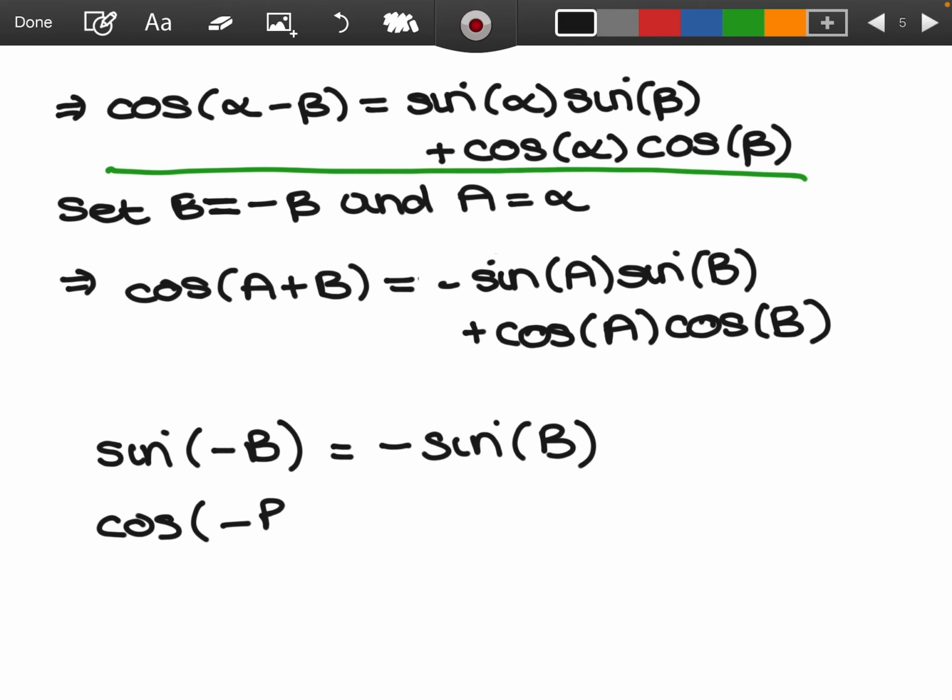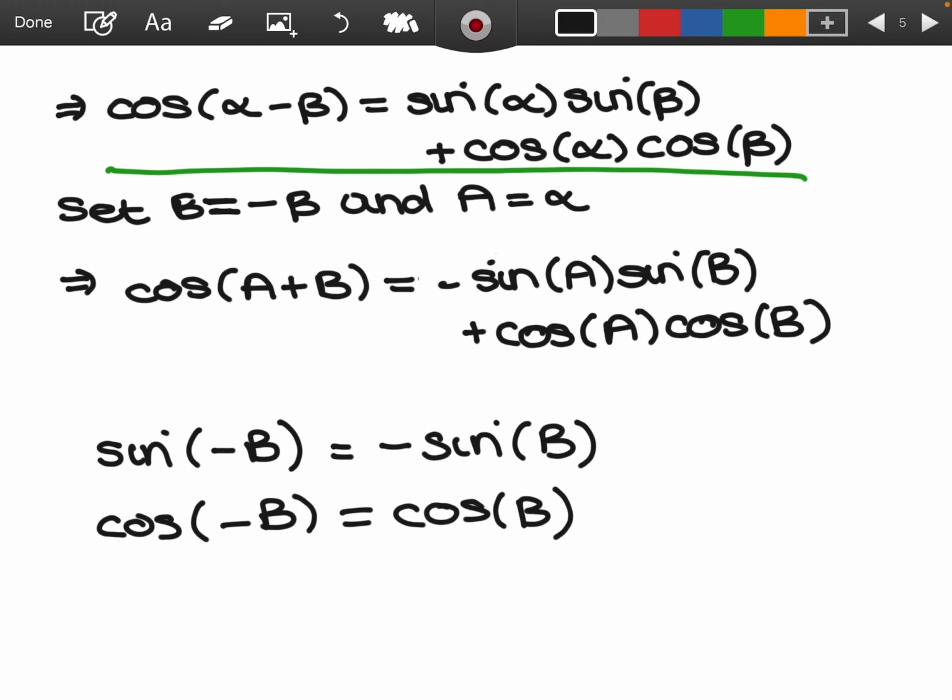Alternatively, cosine of negative b actually just equals cosine of b. Cosine is the x-coordinate. When you take the negative of an angle, the x-coordinate of that terminal side does not change. It's only the y-coordinate that changes.